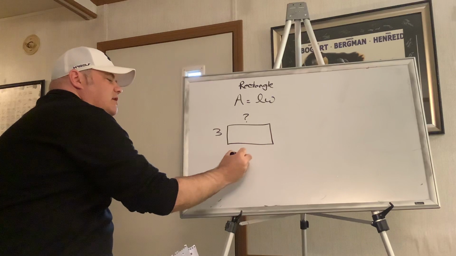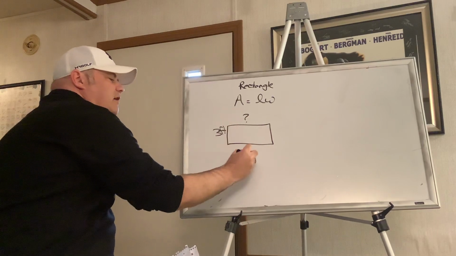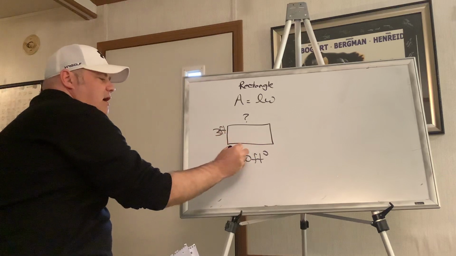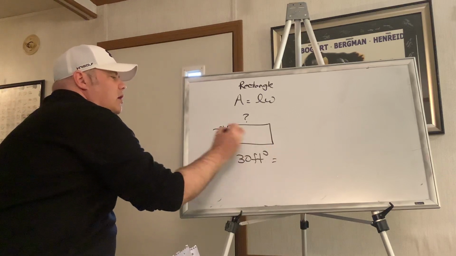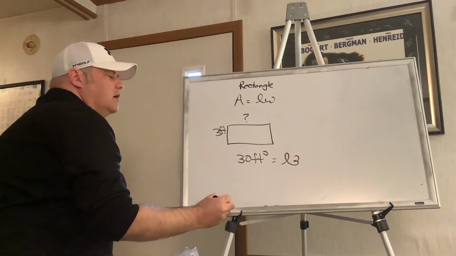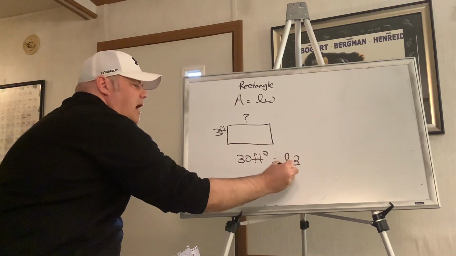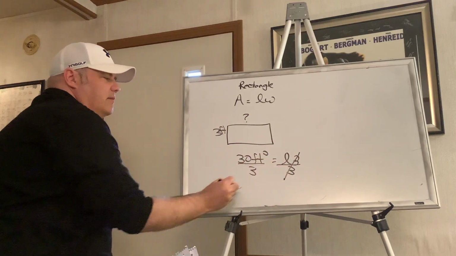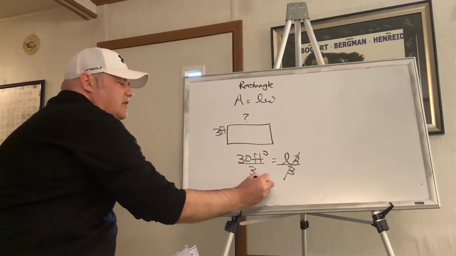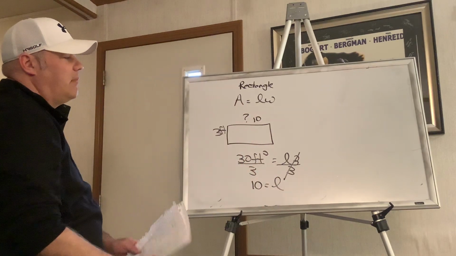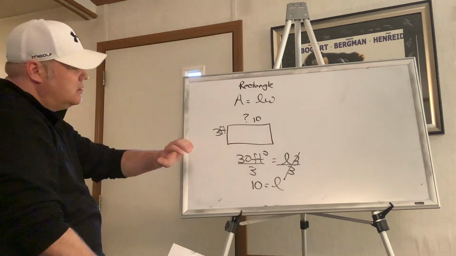Let's say they tell you the area is 30 feet squared. Remember, you already know your width. What you don't know is your length. If you divide by the width, reworking the formula so you can cancel that out, you end up with the length being 30 divided by 3, which is 10. So you can fill that gap in by working backwards. Just keep that in mind.